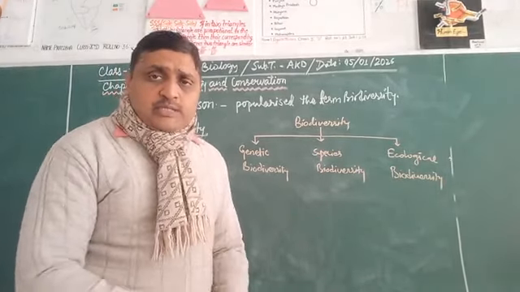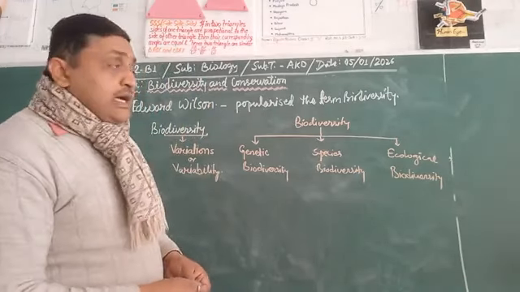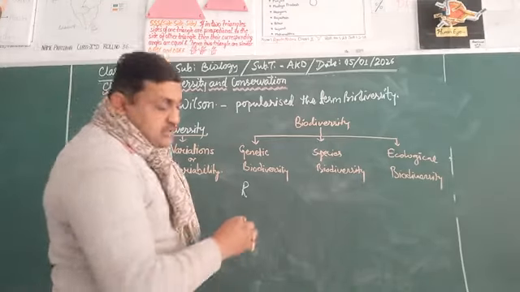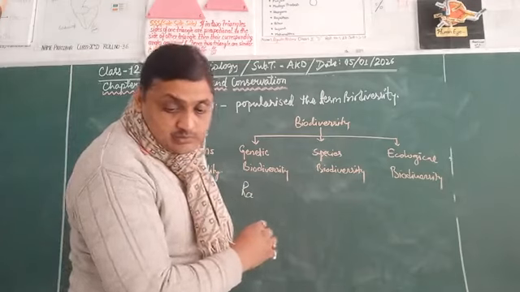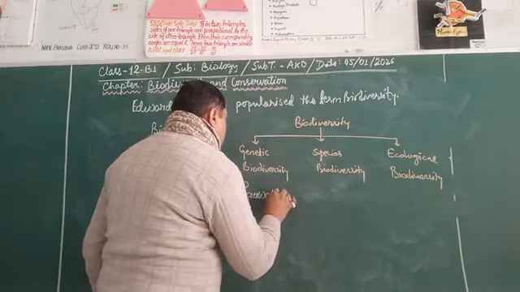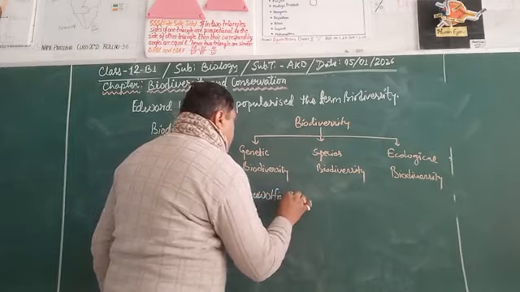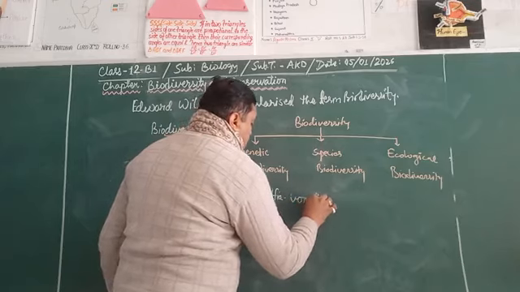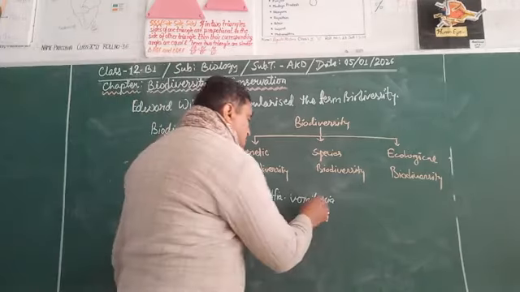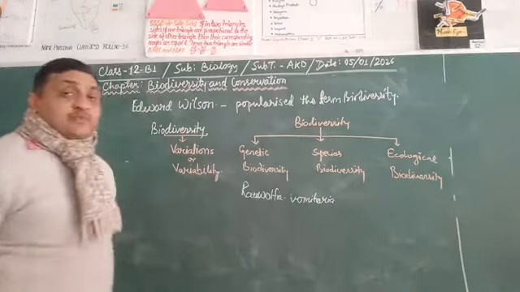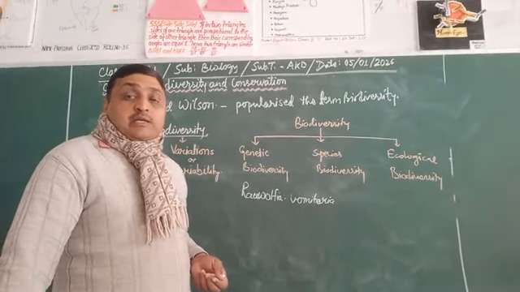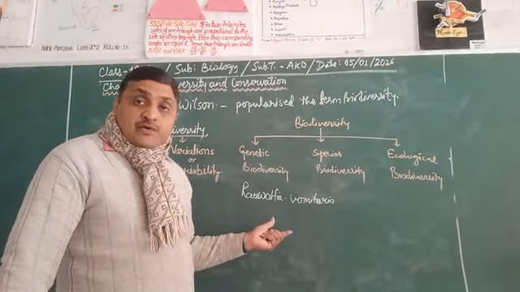For example, in your book the example given is Rauwolfia vomitoria, a medicinal plant found in the Himalayan range.